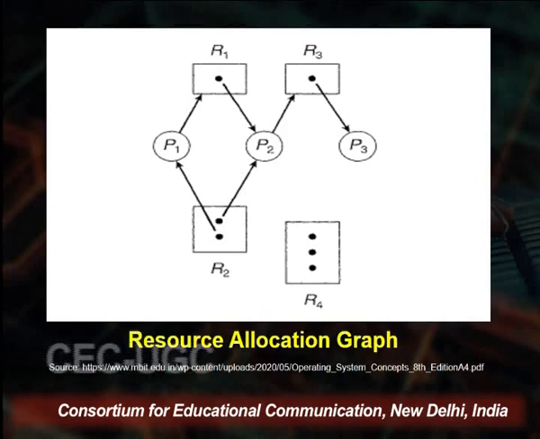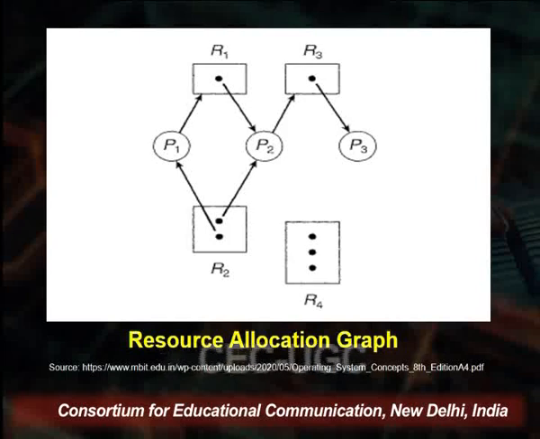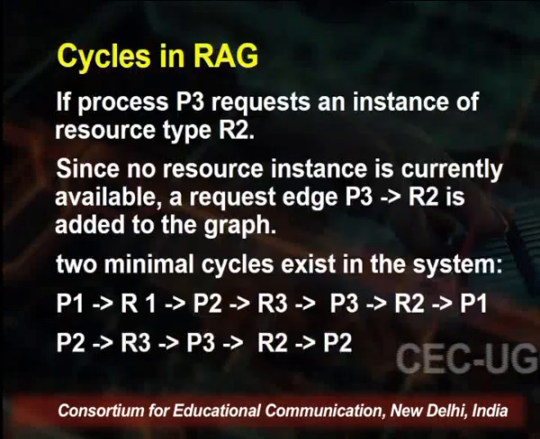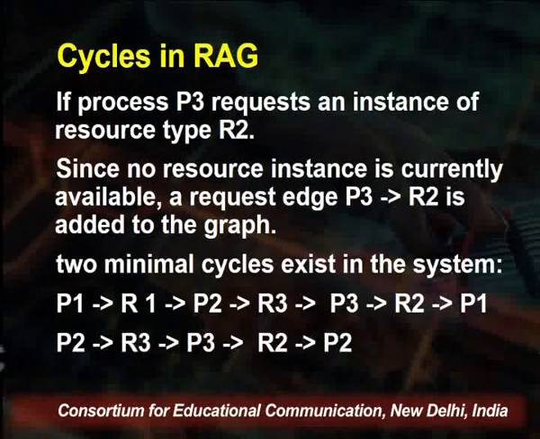Why? Because there are only 2 instances of this resource, and the third process is also looking for that particular resource, along with the interdependency on other processes which are holding the resources. If a process P3 requests an instance of the resource type R2, currently we don't have any extra instance to fulfill this request.